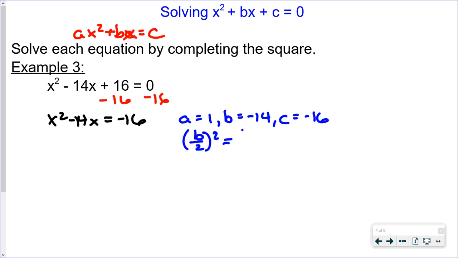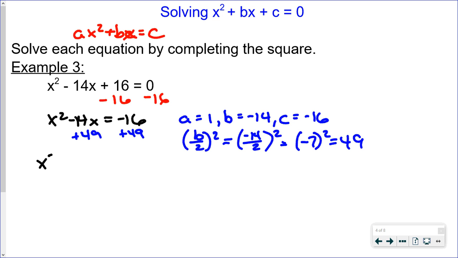So it would be negative 14 over 2 to the second power. It will be negative 7 to the second power, which is positive 49. So we're going to add 49 to both sides of this equation. So now I have x squared minus 14x plus 49 equals 33.